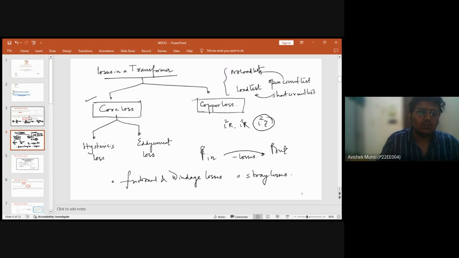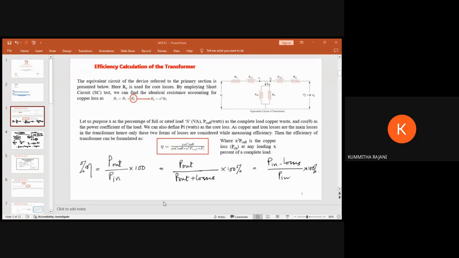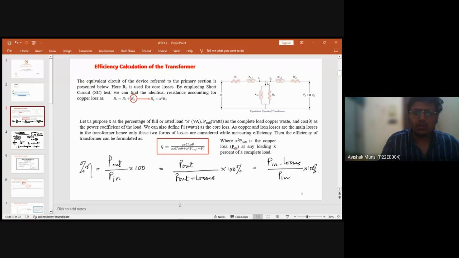Sir, I have a question. Actually, short circuit test you wrote like a load test. Now, whether it is a load test or full load test? See, it depends whether you have a full load or maybe half load. Obviously, we consider it as a full load, but in some cases we use a load which is not the rated load of that transformer.